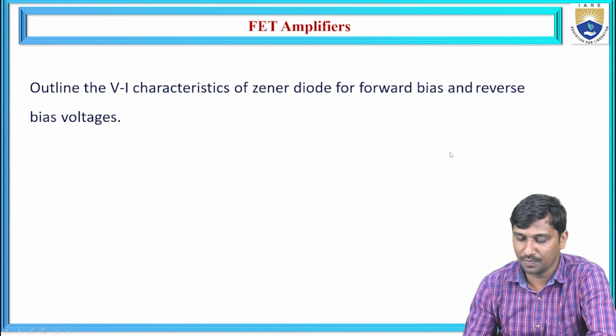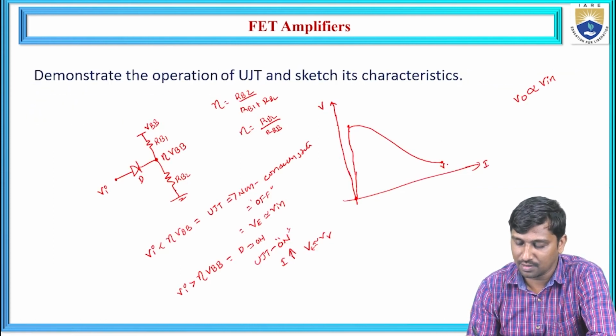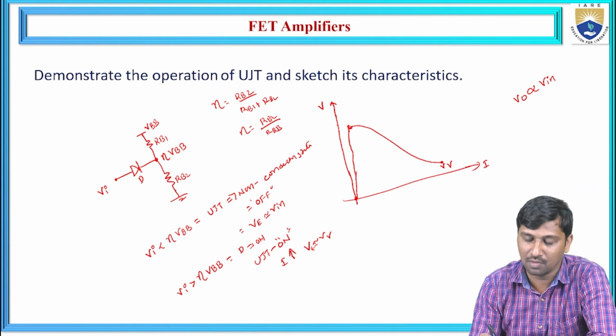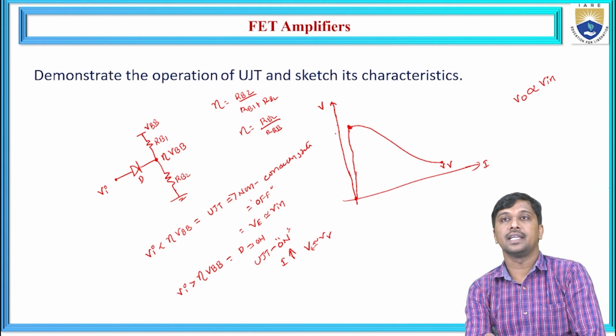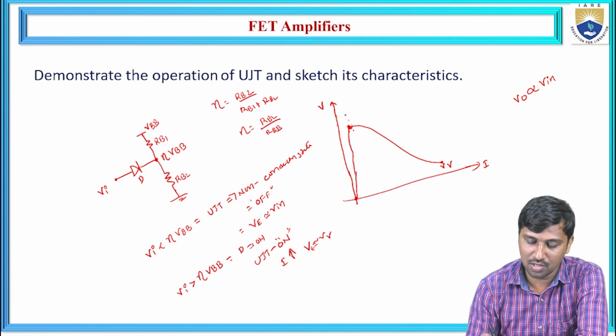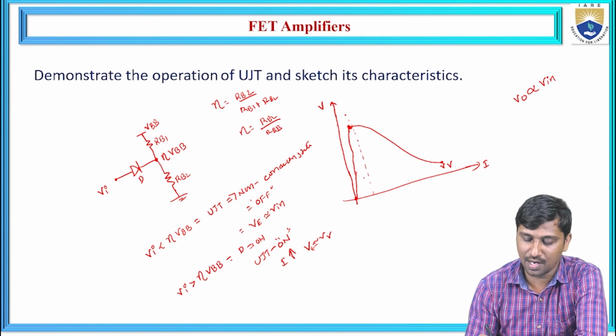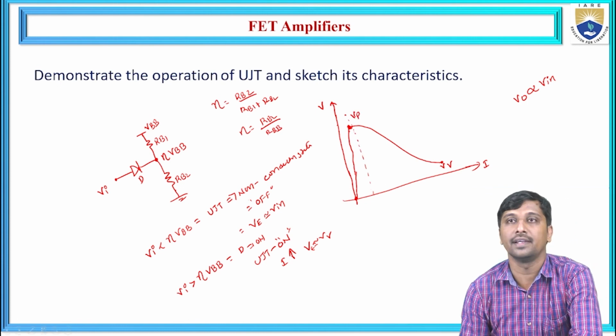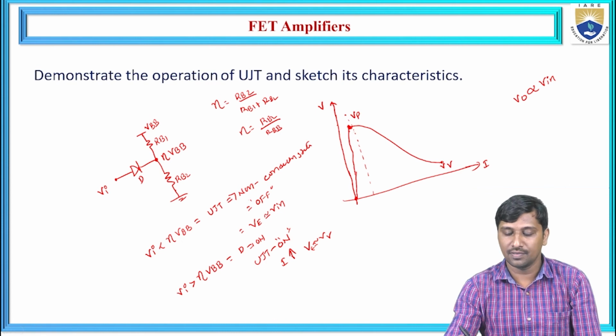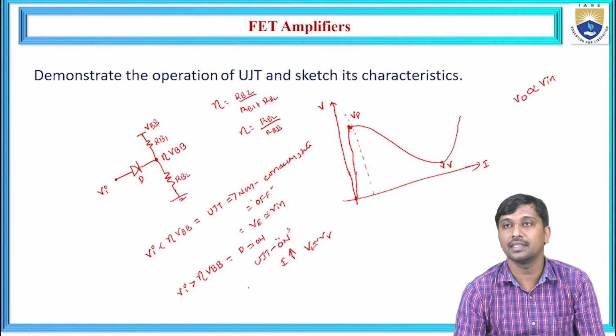This voltage is called the valley voltage. At the point when the UJT changes state from off state to on state, the voltage required is called the peak voltage. Then it again follows a normal characteristic.